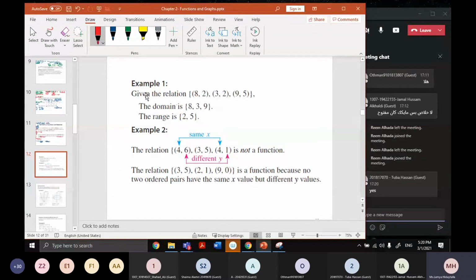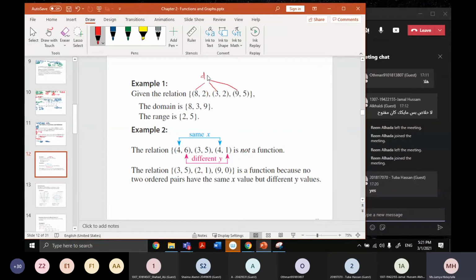Okay, given this relation: 8 to 3, 2 to 9, and 5 to... it is a relation, right? No problem. Any set of ordered pairs like that we can call a relation. What are the elements of the domain? We said the domain is the first set, the x values, this one and this one and this one.